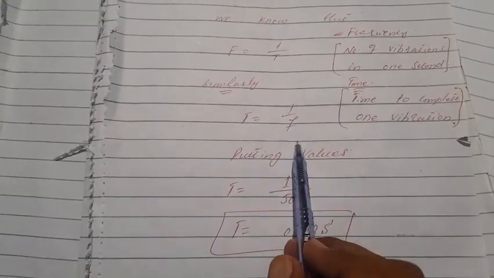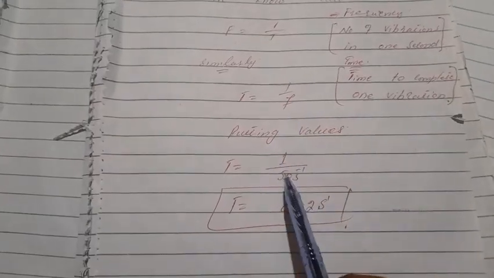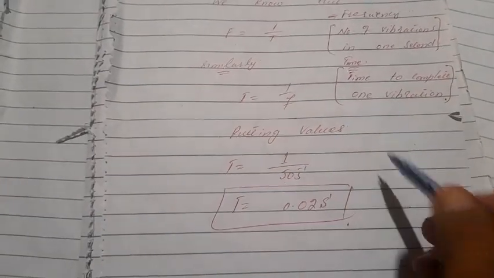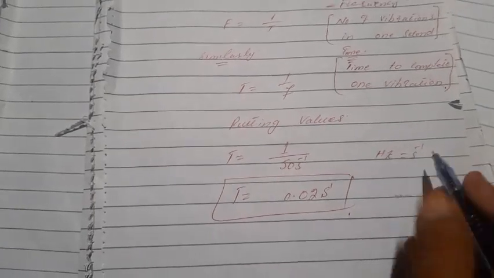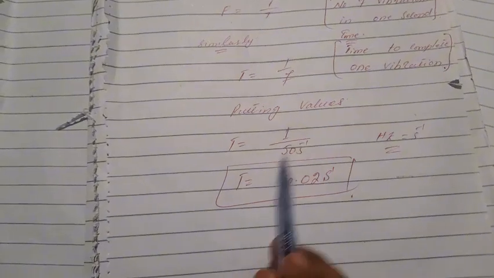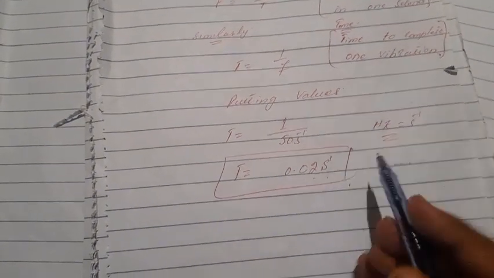Time period is equal to 1 over f; putting the values, the frequency is 50 hertz, and we express hertz as second inverse. So t is equal to 0.02 second. That is the time required to complete a wave which has a frequency of 50 hertz.